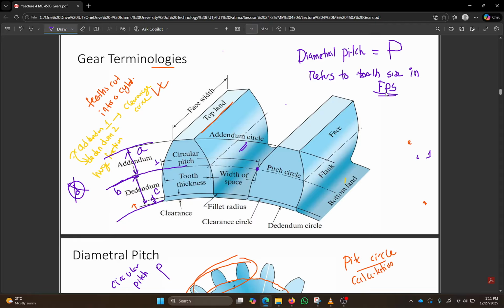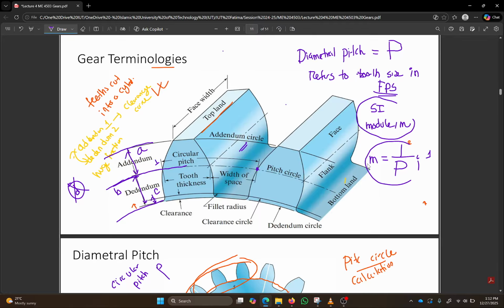If you want to denote tooth size in SI unit, that is denoted by something called module, M. Module M denotes tooth size in SI unit, and diametral pitch capital P denotes tooth size in FPS unit, inch and foot and so on. And M is usually the inverse of diametral pitch. This is another relation you need to know.